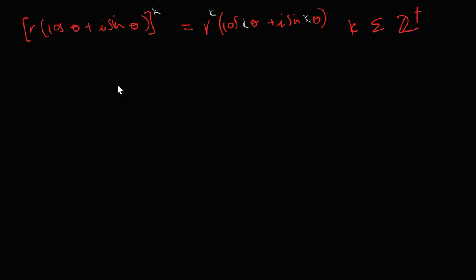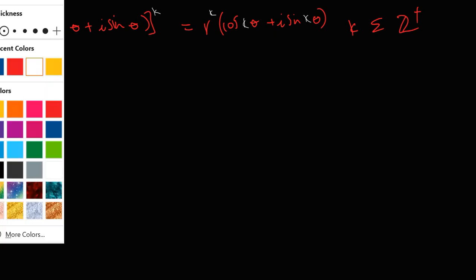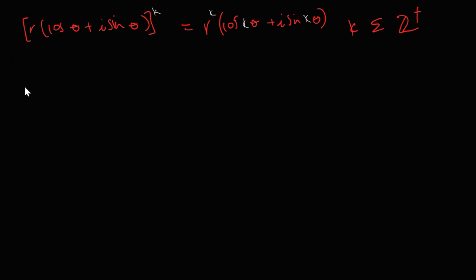So let's look at k plus 1. We just assume that for k it's going to be true, and we're supposed to prove that it should be true for k plus 1.